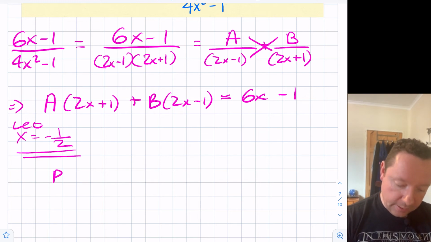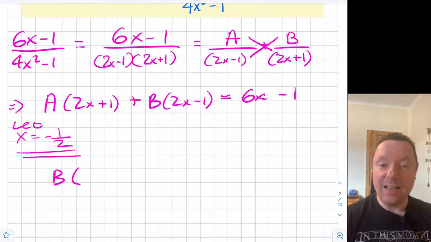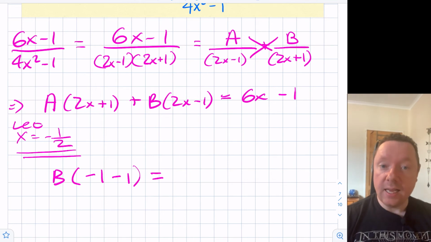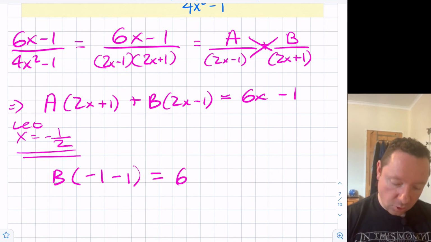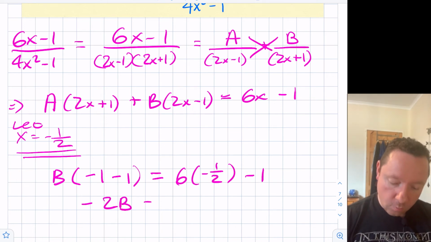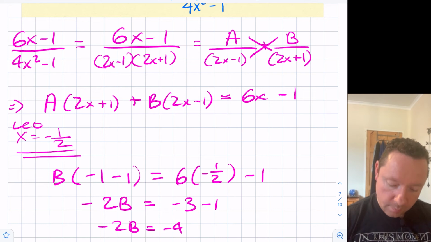So we get b times 2 times minus a half is minus 1, so minus 1, take away 1, equals 6 times minus a half, take away 1. So then we get minus 2b on this side equals minus 3 minus 1, minus 2b is minus 4, implies b must be 2.